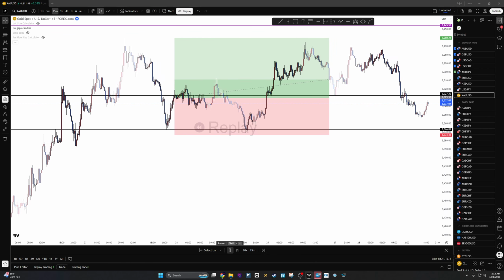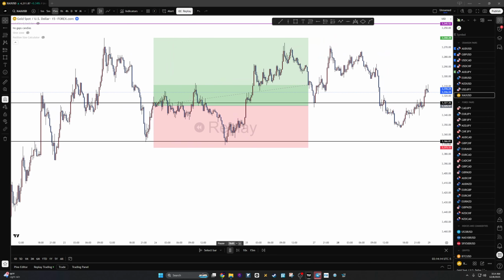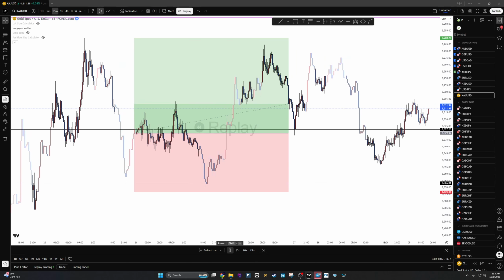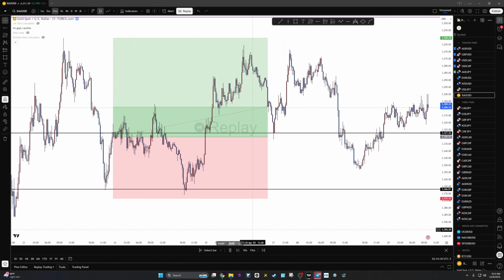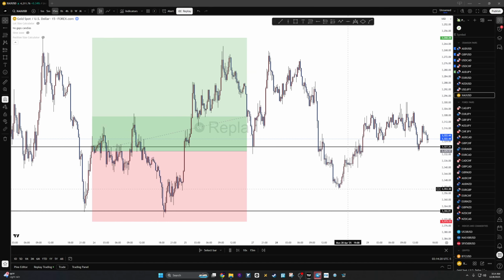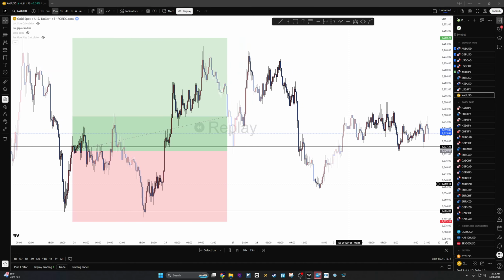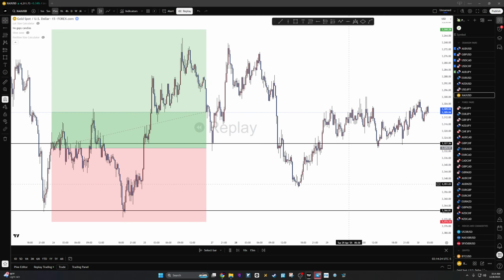Very curious. This is a very long trade. But I mean, technically, it should hit the TP.